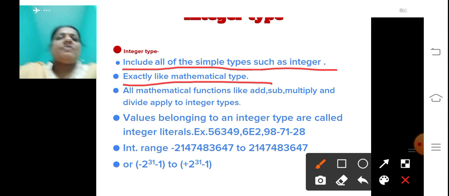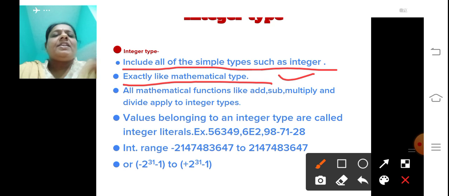Just as we use integers in mathematics, in the same way we use them here. All the mathematical functions like addition, subtraction, multiplication and division apply to the integer types.